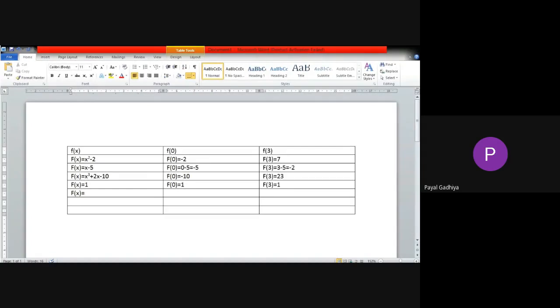Is it visible now? Yes, ma'am. f of x equals x square plus x plus 5.